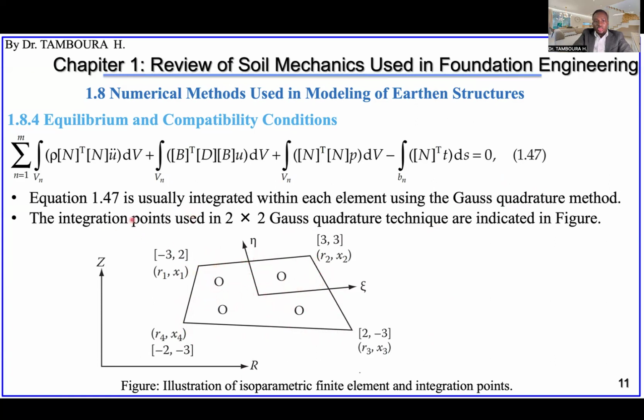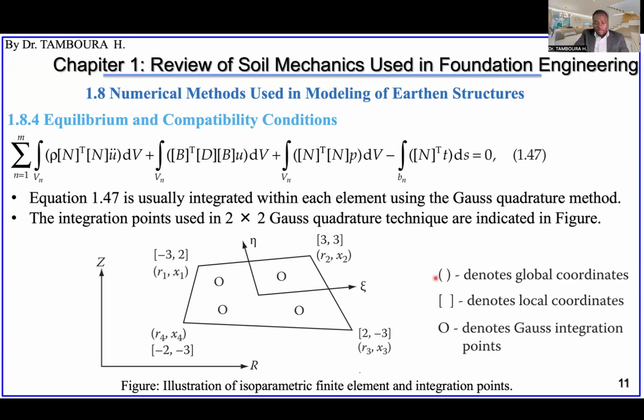So this is using 2 by 2, meaning four parts, dividing the total area into 4 small areas and calculating to estimate the integral.